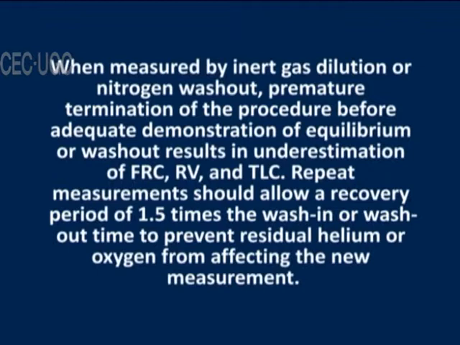When measured by inert gas dilution or nitrogen washout, premature termination of the procedure before adequate demonstration of equilibrium or washout results in underestimation of FRC, RV and TLC. Repeat measurements should allow a recovery period of 1.5 times the wash-in or washout time to prevent residual helium or oxygen from affecting the new measurement.